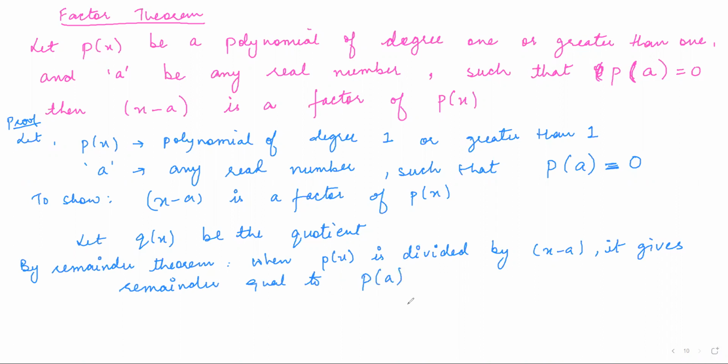This is from the remainder theorem, we know, right? So therefore, my polynomial is actually written like this. I'm dividing this by x minus a, which is the divisor, and I'll get some quotient here, right? And plus remainder. So the remainder is P of a, because we don't know the value of the remainder, so I will find the value from the remainder theorem. This is my remainder. Is that okay?